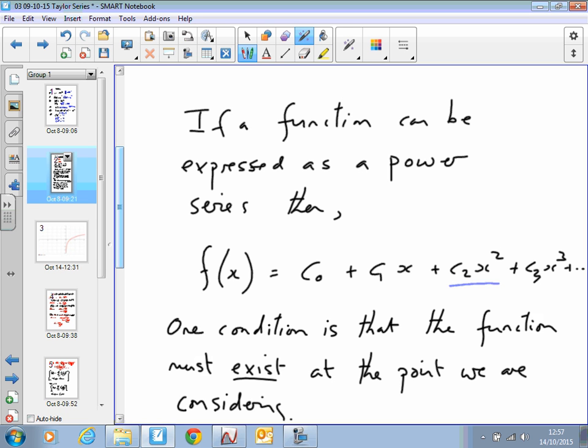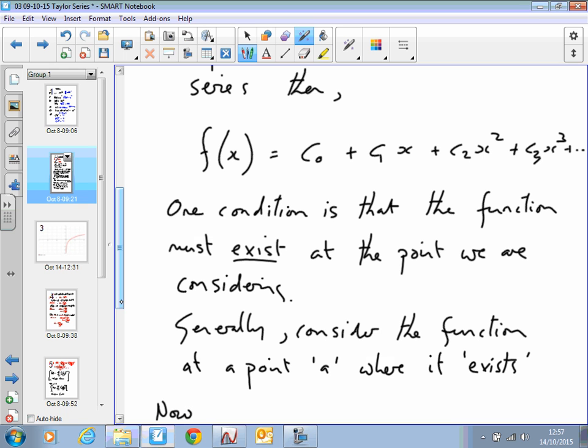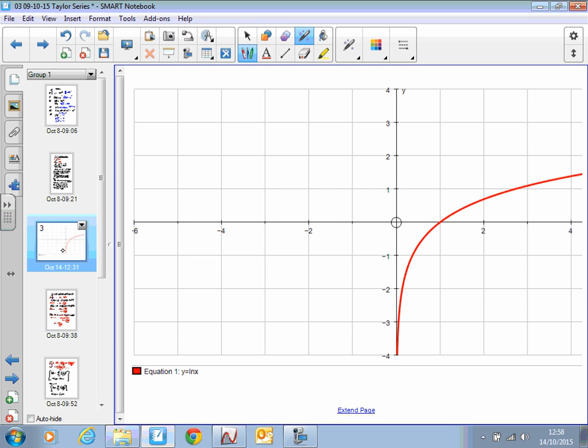If this function can be expressed as a power series, then one condition is that the function must exist at the point we're considering. So, for example, if we look at this function, the function y equals log x, we can see that when x equals 0, around about this point here, the function disappears off to negative infinity.